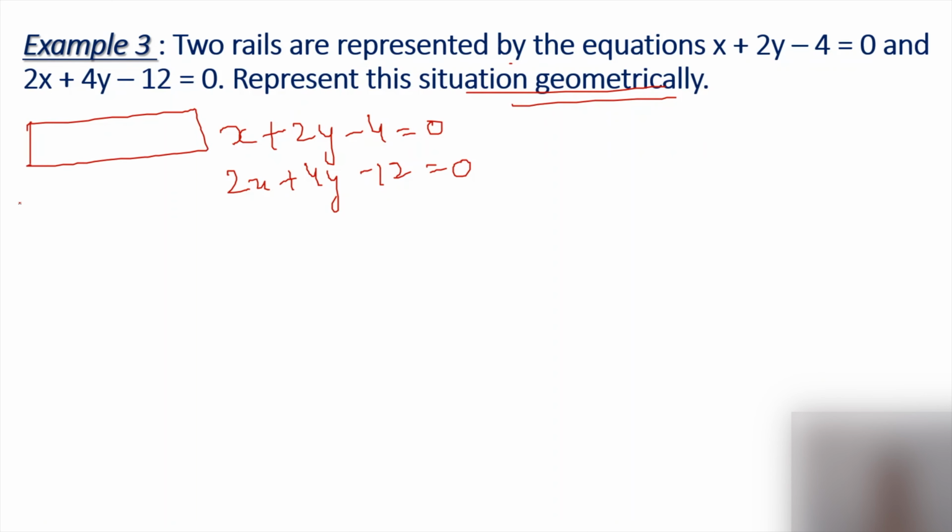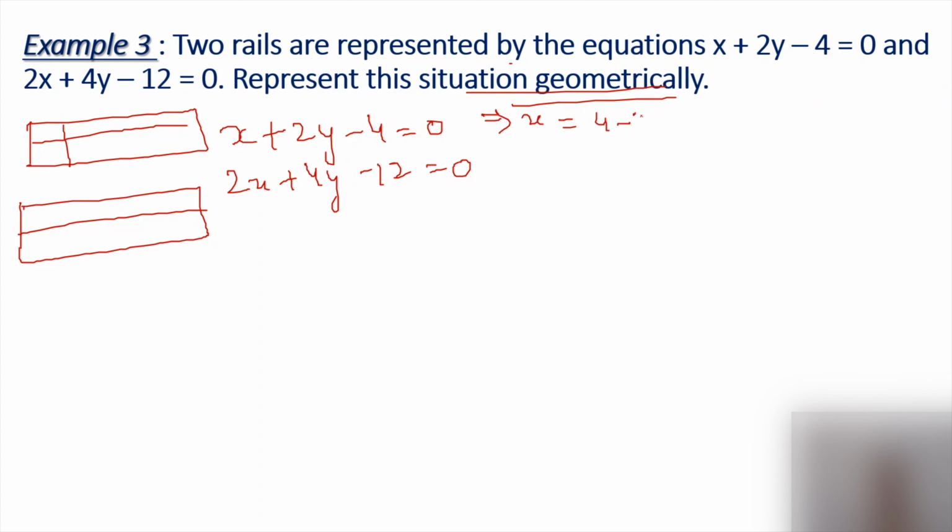Very first we'll find the value of x. From this equation, x is equal to 4 minus 2y. Just put the value of y. Let us consider y is equal to 0, then x is equal to 4; y is equal to 1, x is equal to 2; y is equal to 2, x is equal to 0.